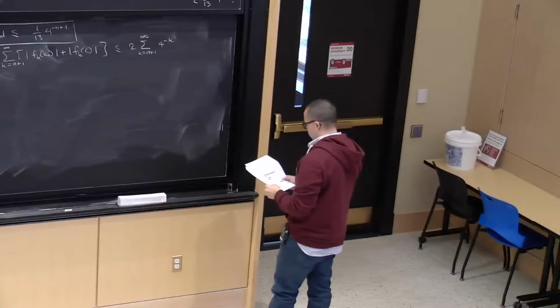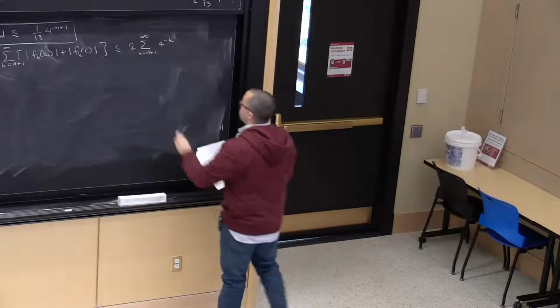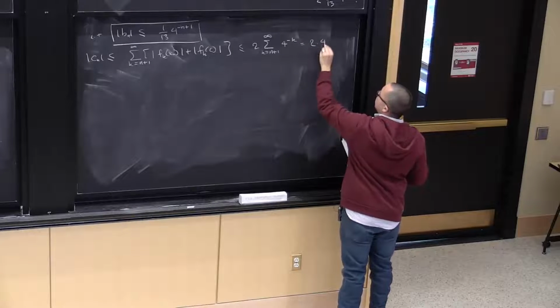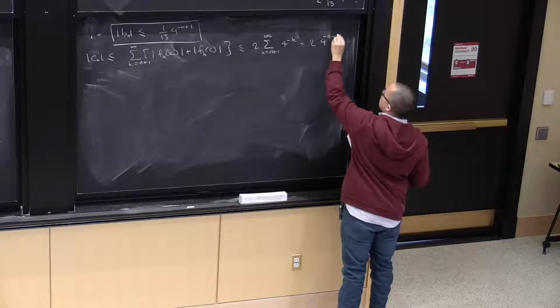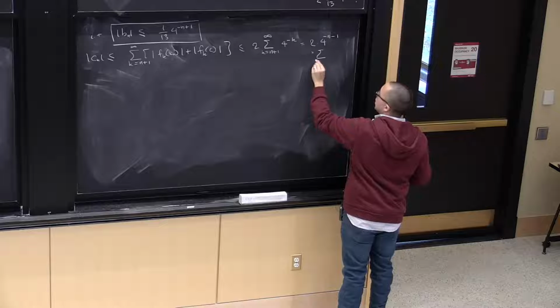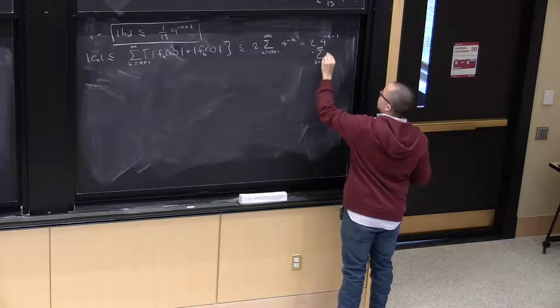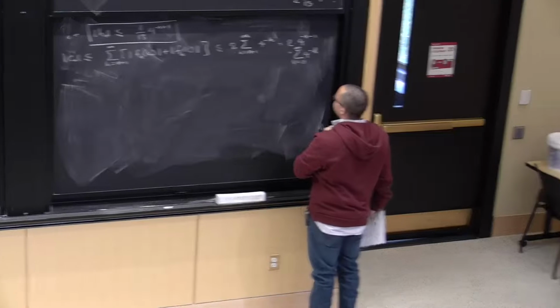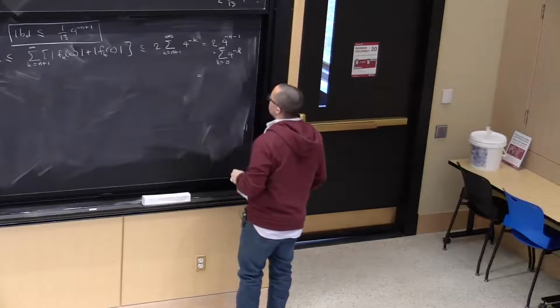Okay. And now this we can actually sum. This is equal to 4 to the minus n minus 1 times the sum from L equals 0 to infinity of 4 to the minus L. What does this equal?